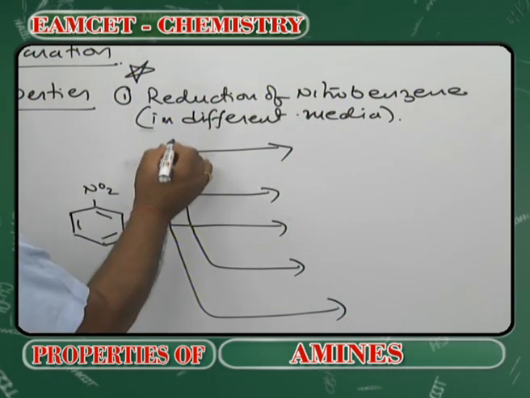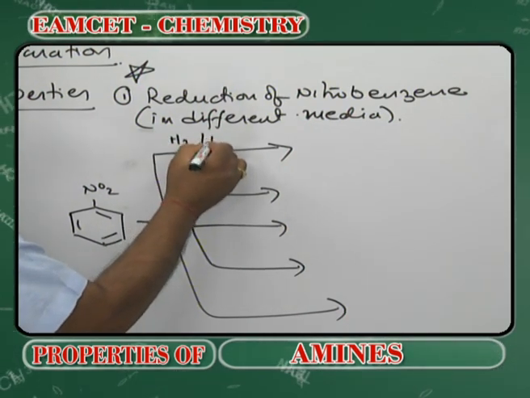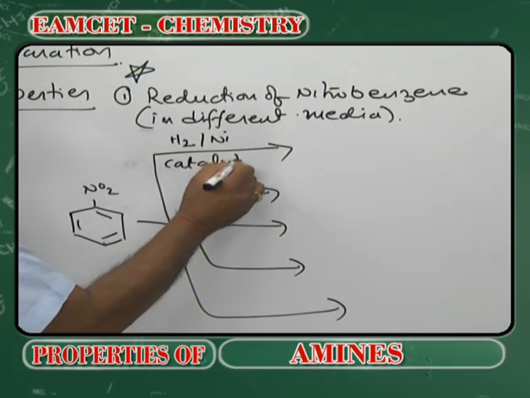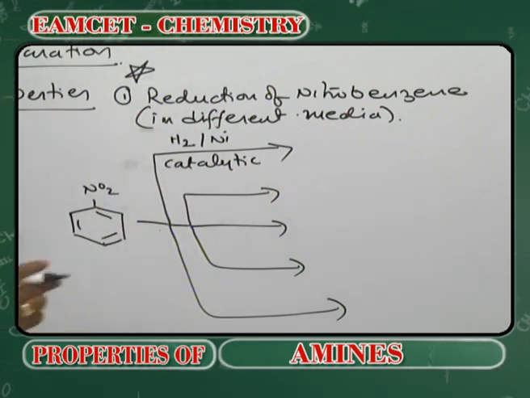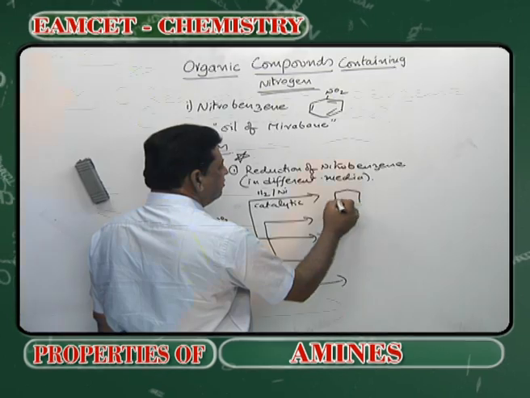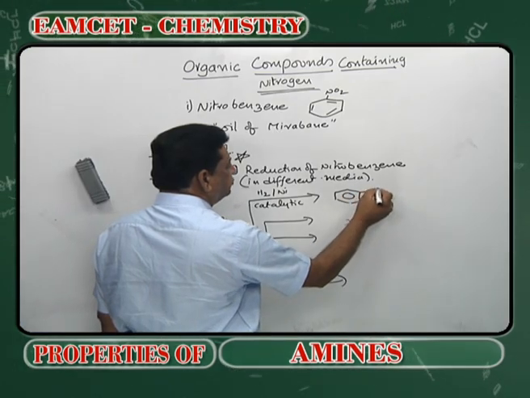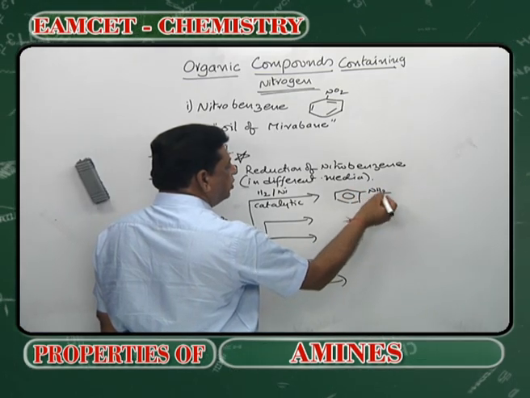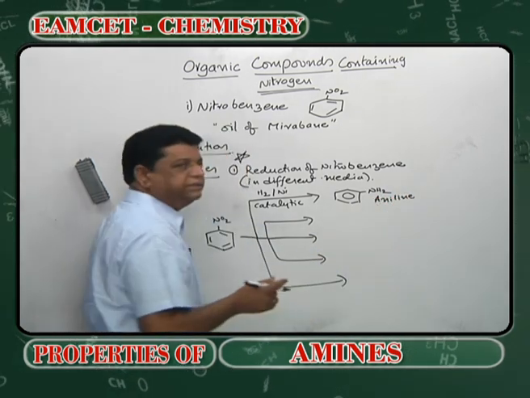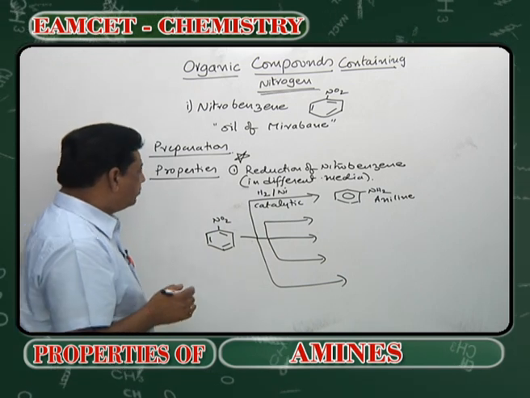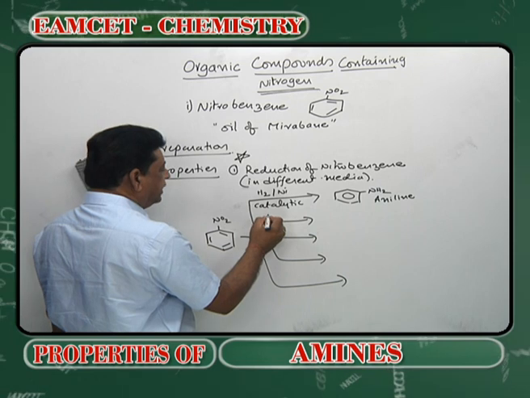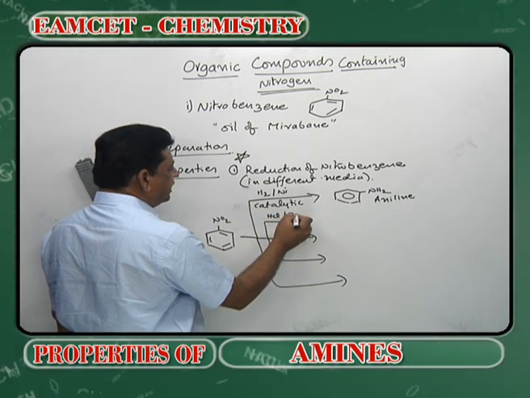One is hydrogen and nickel. This is called catalytic reduction. All are reductions I am drawing here. Using hydrogen and nickel, the nitrobenzene converts into aniline. NH2 means aniline, aminobenzene or aniline. This is the simplest form of the reduced product. The same you also get with HCl in presence of zinc.